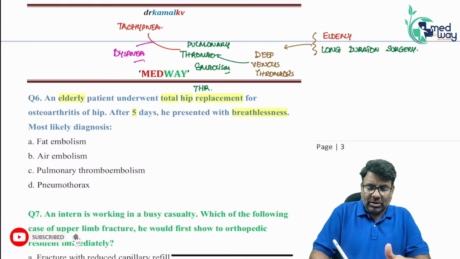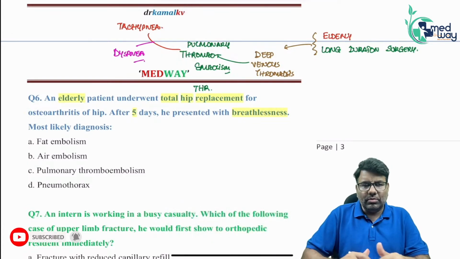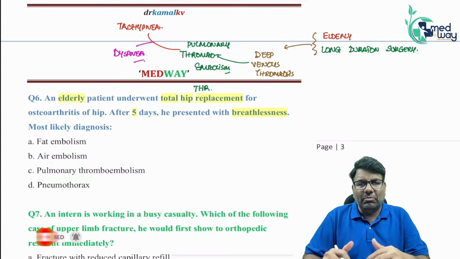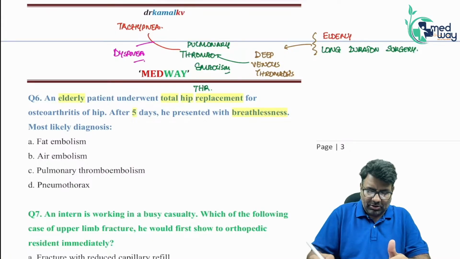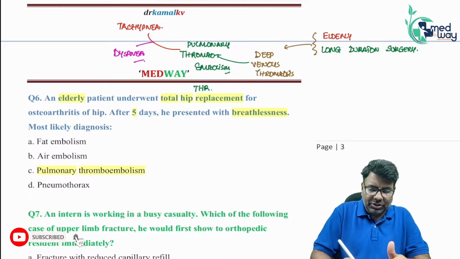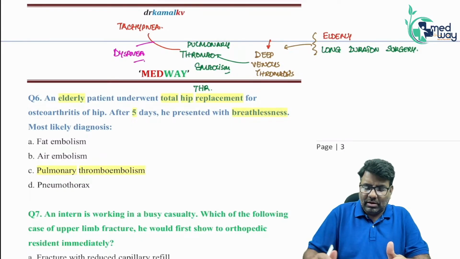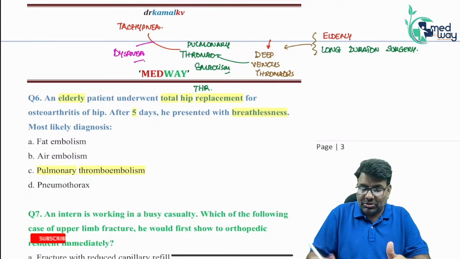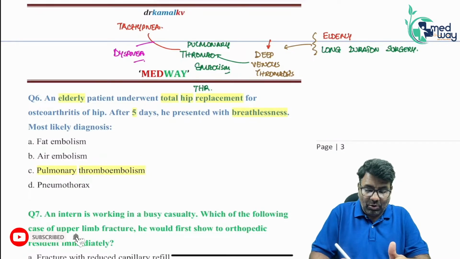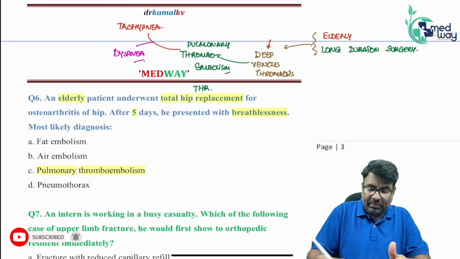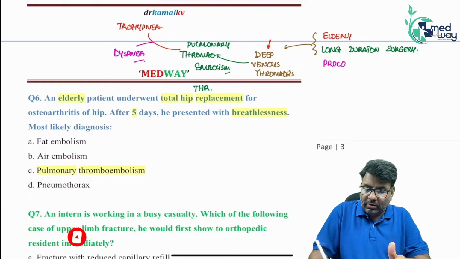So this is how the entire stem can be framed into the answer. So here the answer will come out to be pulmonary thromboembolism, which is because of deep venous thrombosis. And elderly state, long duration surgery, and we can add one more point here, that is prolonged bedridden state.